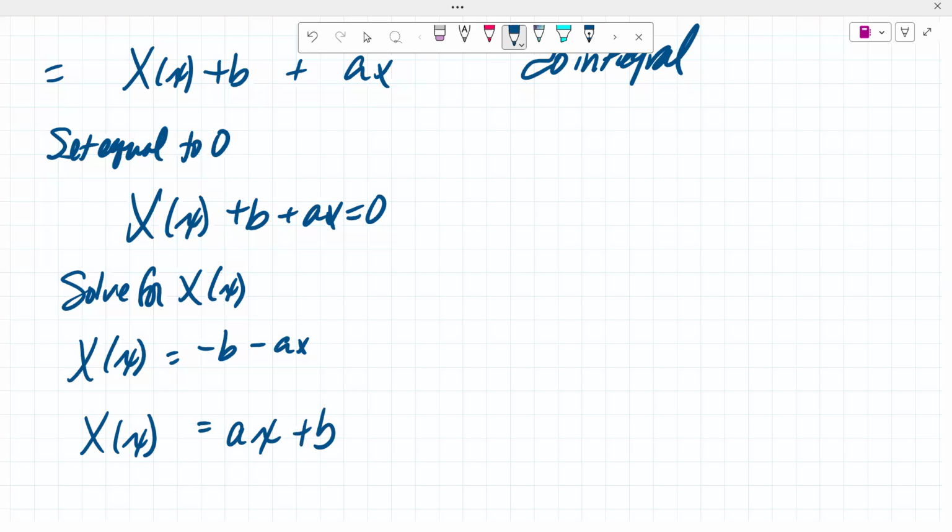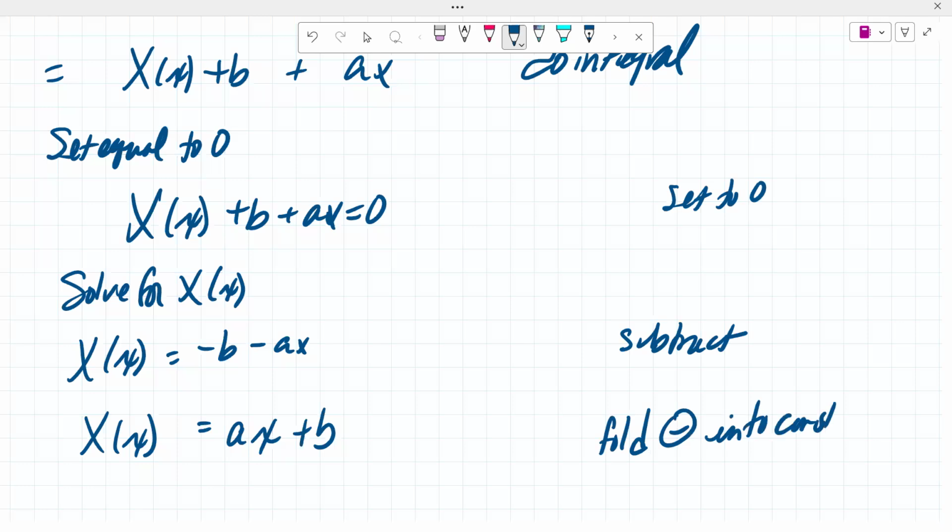All right, so what did I do here? I set it equal to 0. And in order to solve for X, I subtracted. And what did I do here? Fold the negative into the constants. And then I rearranged.